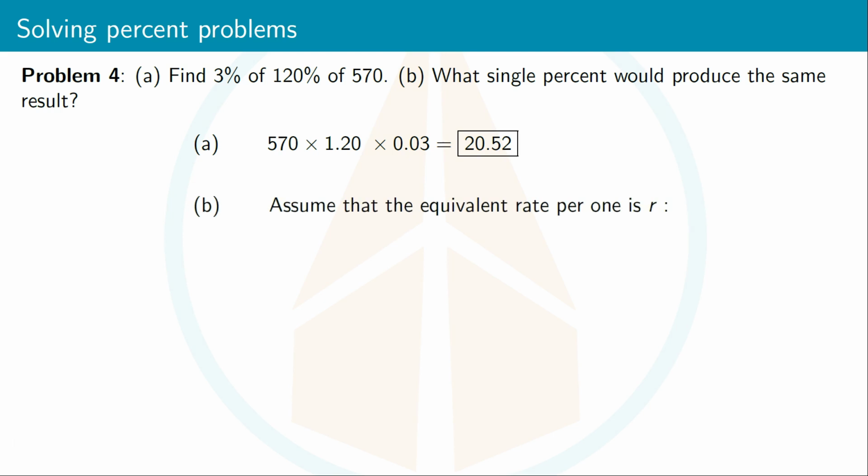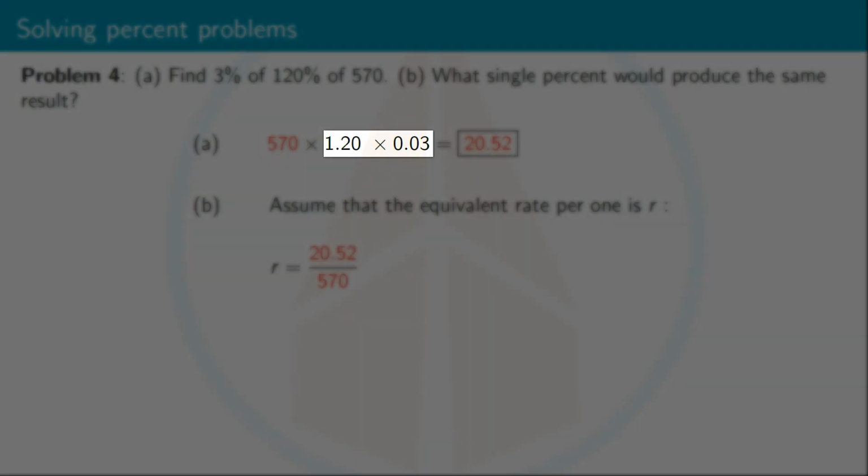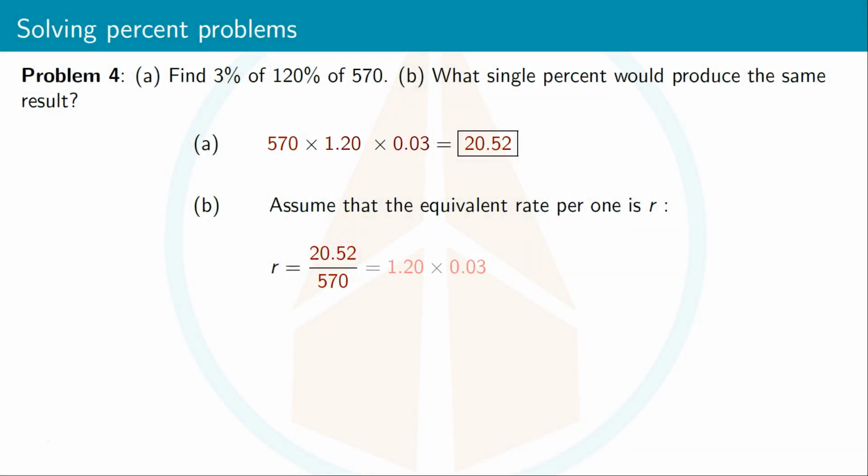Let's now proceed to part B of this problem. In this part, we need to find the rate, which is equivalent to taking 3% of 120%. We don't know this rate, so we'll use letter R to denote it. We can build an equation which connects the base, 570, and the product, 20.52. We can solve this equation, of course, and we can find the rate per 1. However, if you pay attention to part A of this problem, you'll notice that the same rate per 1 can be found as multiplication of the rates 1.2 and 0.03.